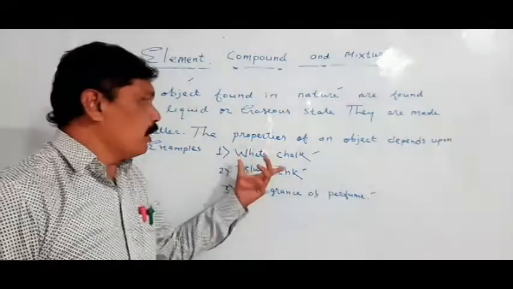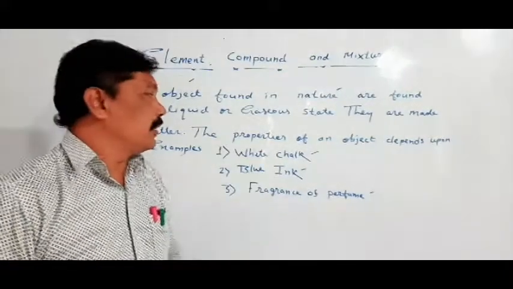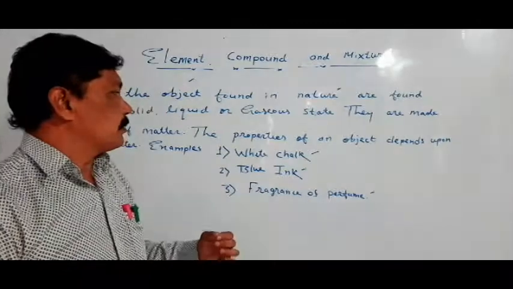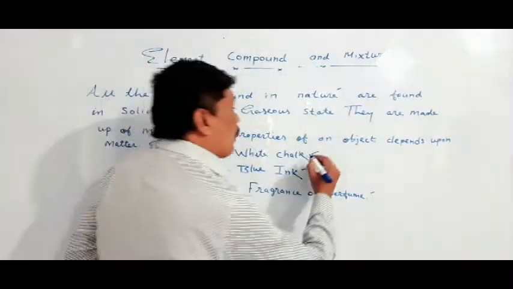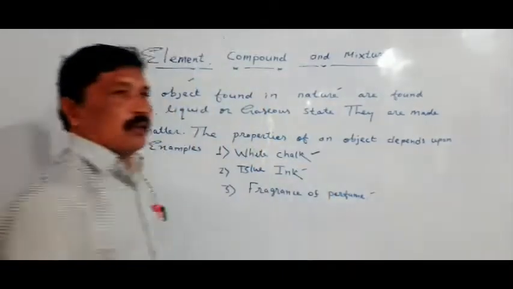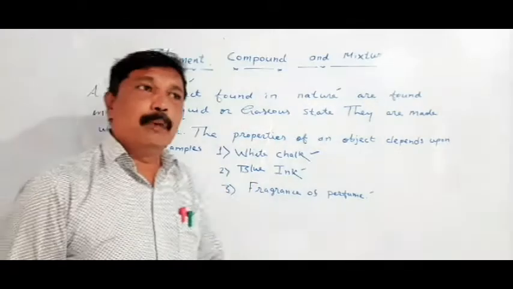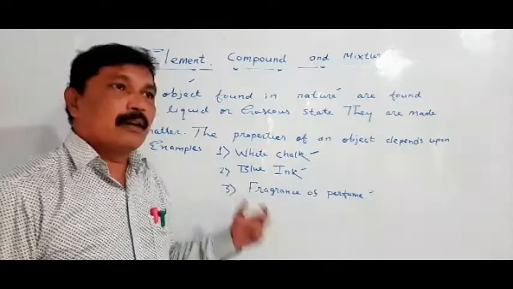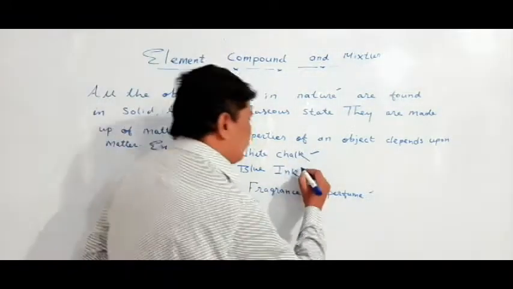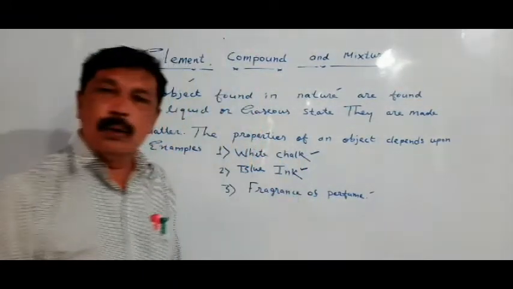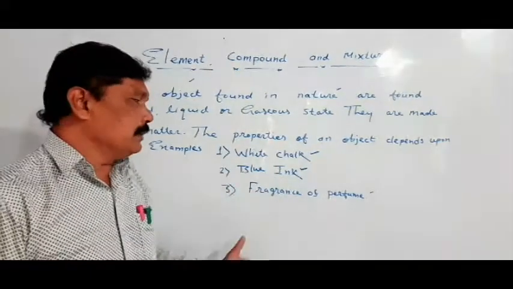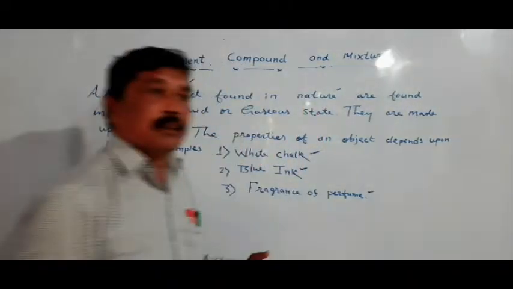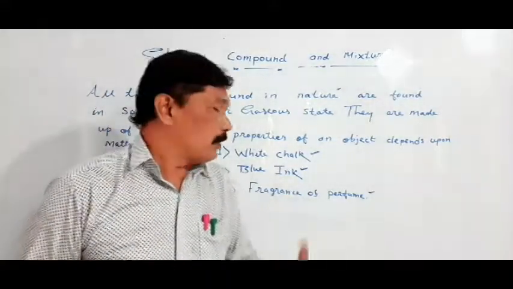The properties of white chalk is because of matter which makes the white chalk. The properties of blue ink is because of the matter present in blue ink. The properties of fragrance of perfume, which is in the gaseous state, is because of the matter present in fragrance of perfume.